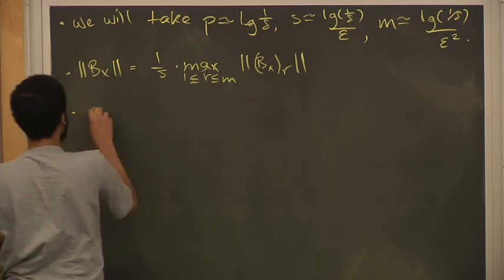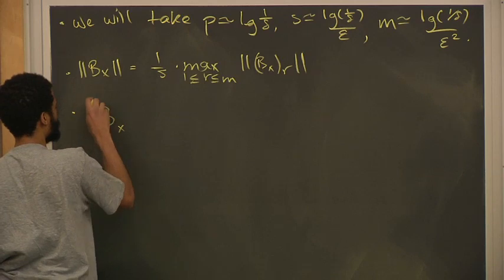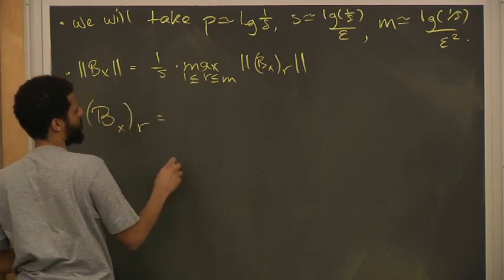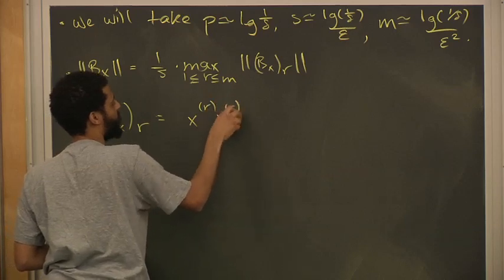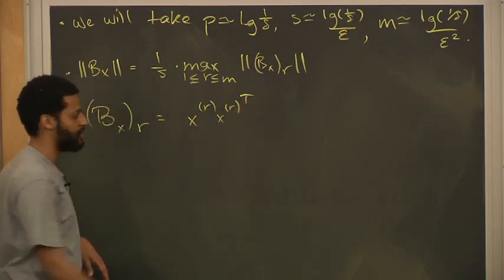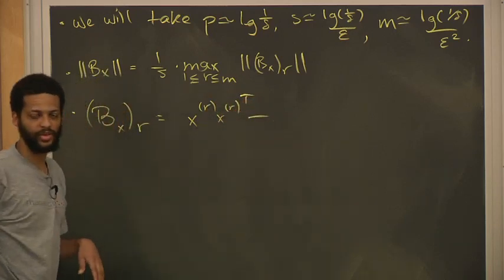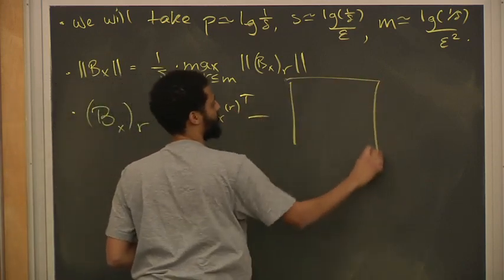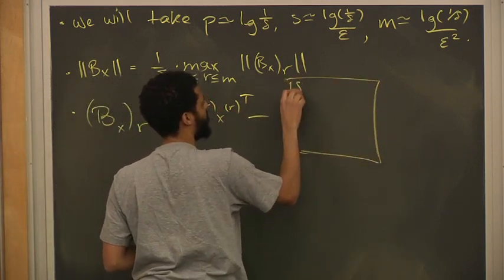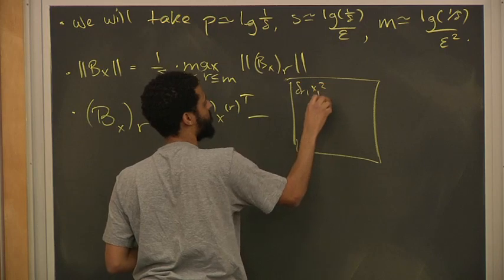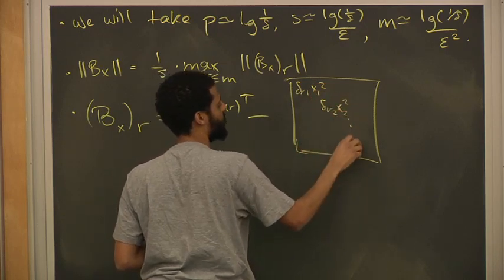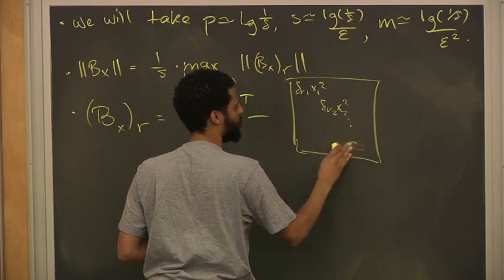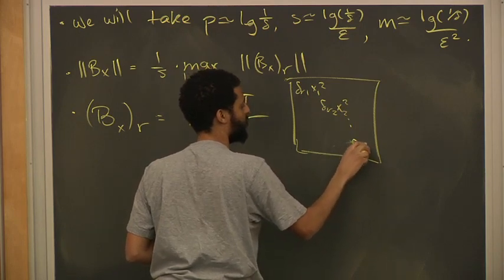So now notice that B_x^r is equal to something like x_r x_r transpose, where the x's have unit norm, minus a diagonal matrix with entries delta_r1 x_1 squared, delta_r2 x_2 squared, etc., delta_rn x_n squared.